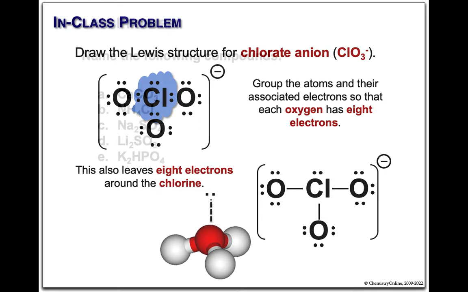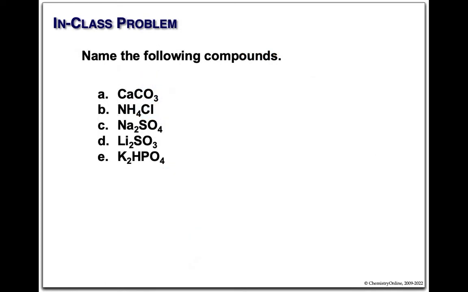All right, when you go to name something that's polyatomic, you simply take, just like the other, the cation and then the polyatomic ion. This is carbonate, isn't it? This is calcium. We would call it calcium carbonate.